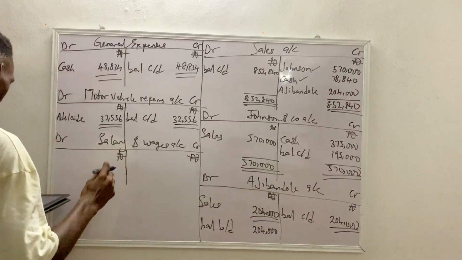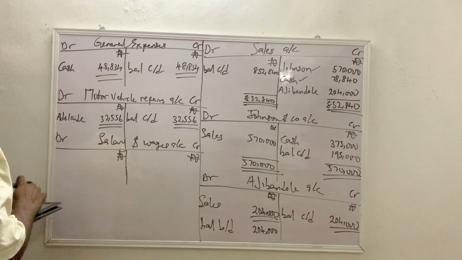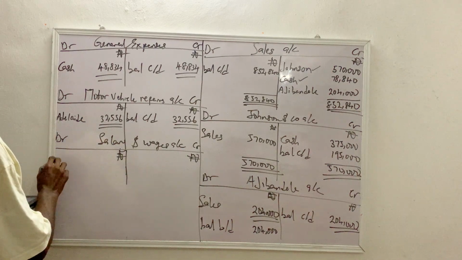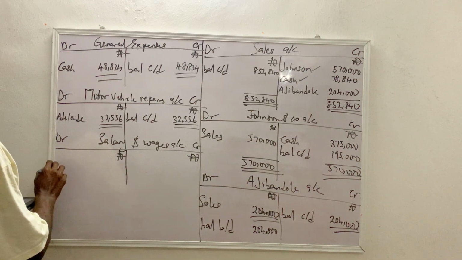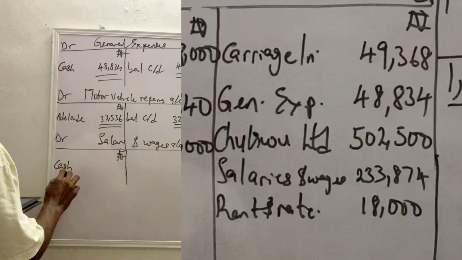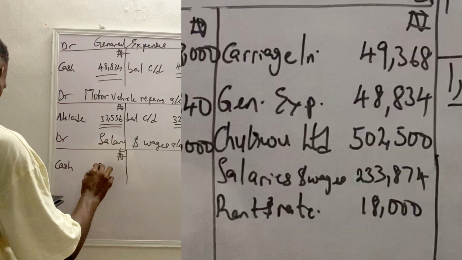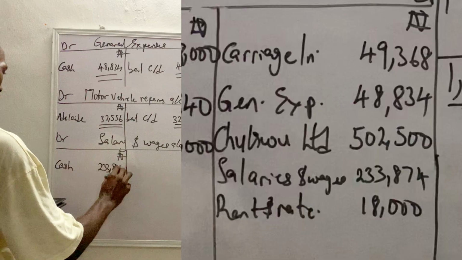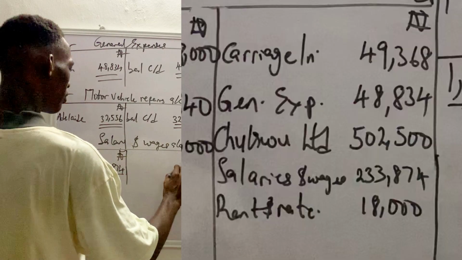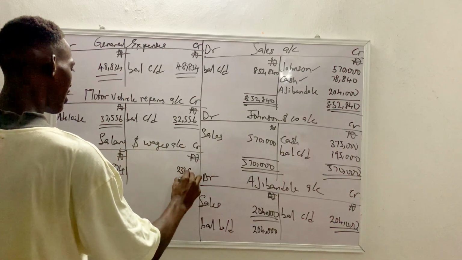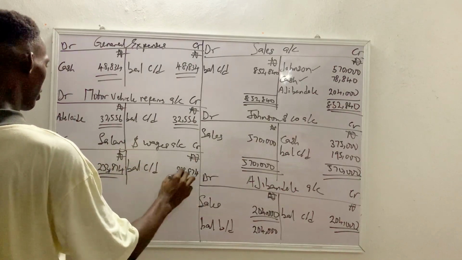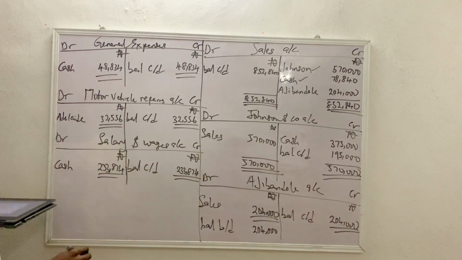No matter how in a hurry you are, you make sure you put the currency sign. So that was on the 25th of December. Cash 233,874. Because that's all that has to do with salaries and wages for the period.